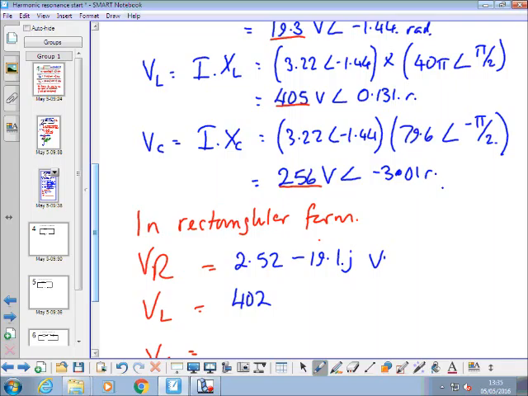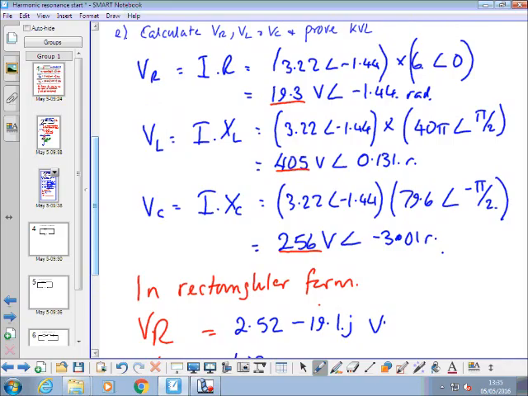VR was, yeah, it's not positive, it's a negative angle. You've got it the wrong way around. On our diagram we're talking about a vector that is 19.3 and the angle is down there. So we're expecting a positive real part, 2.52, and a negative j part.